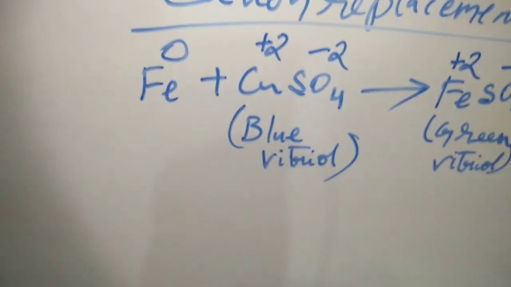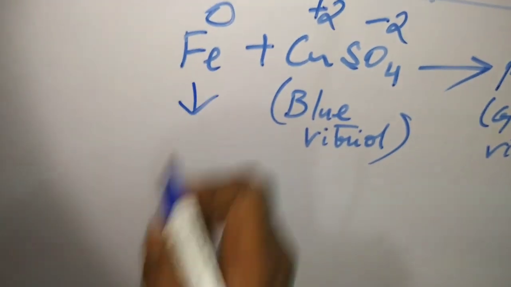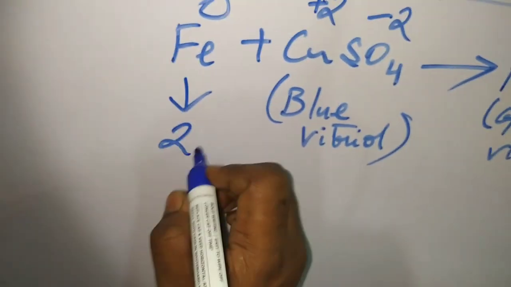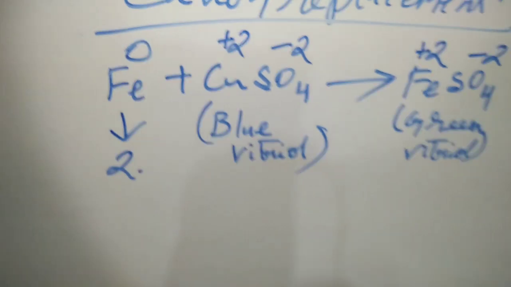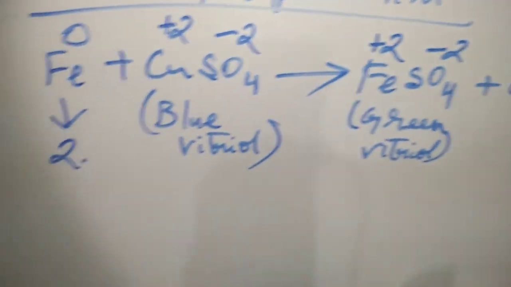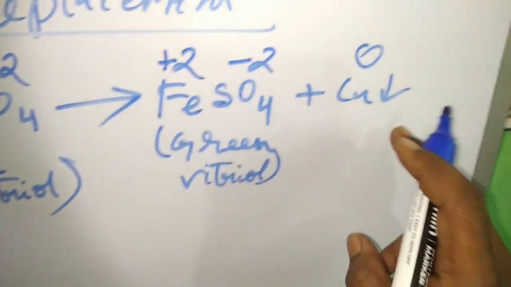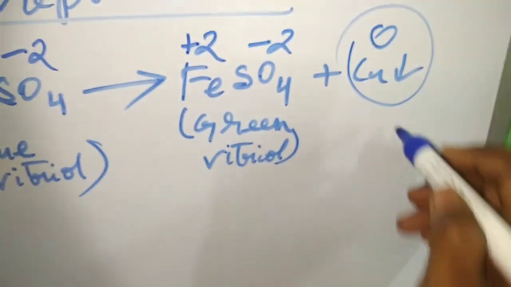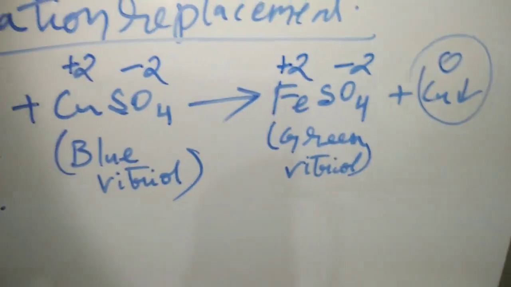How many electrons will iron release? 2 electrons. Okay, students, and becoming Fe2+. This copper will take the electrons from iron and forming Cu. See, it is in the pure state. Yes, students.